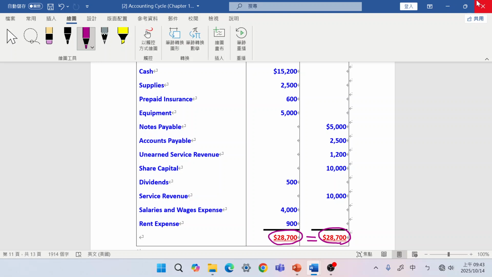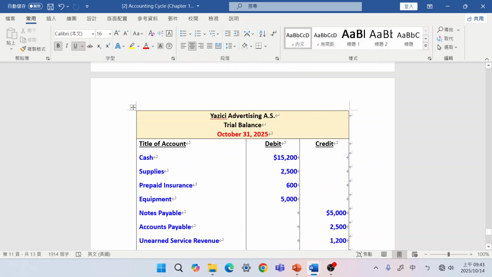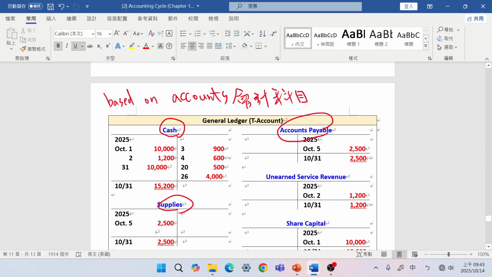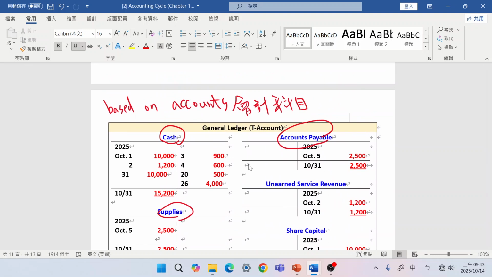You just copied the balance, the final amount from your second book, right? So for example, you look at the T account, the first one. Okay, the first one is cash. How much is my balance? 50,200.